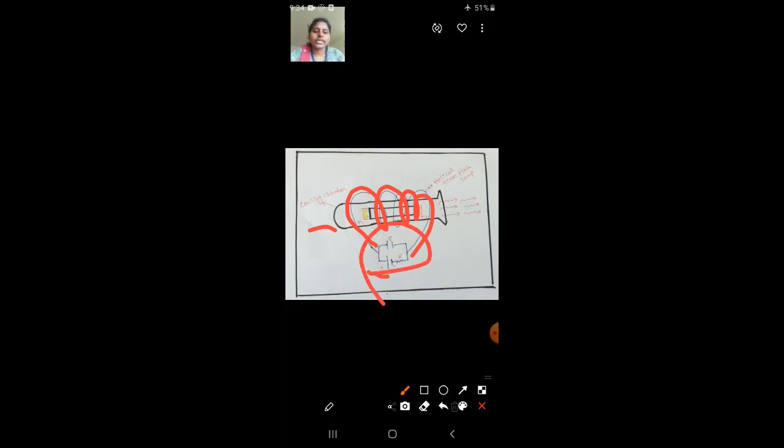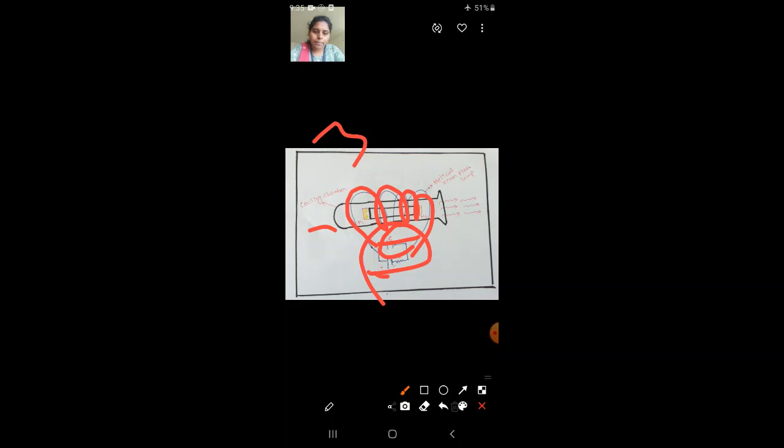Here a capacitance is used. This is a solid state laser and a three level process, and by using this ruby we produce laser light.